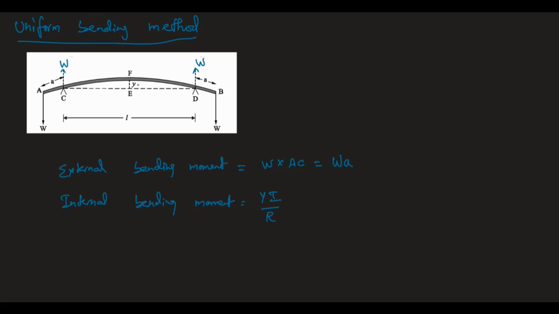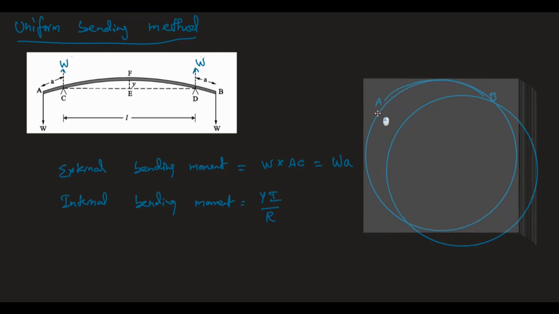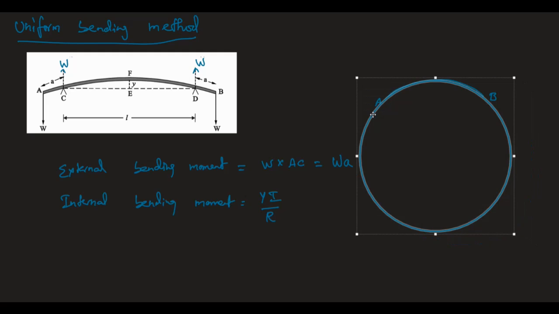So now consider this an arc with points A and B. Now I am going to put it in a circle. Let me make a circle. The circle will be fixed at this point. So you see properly this arc will be fixed inside the circle.